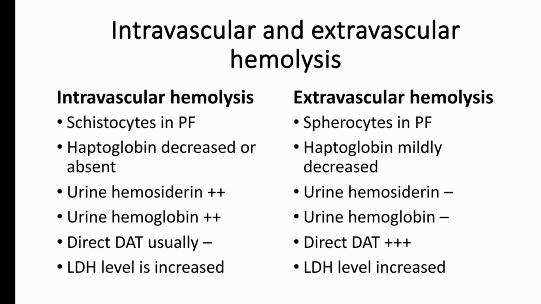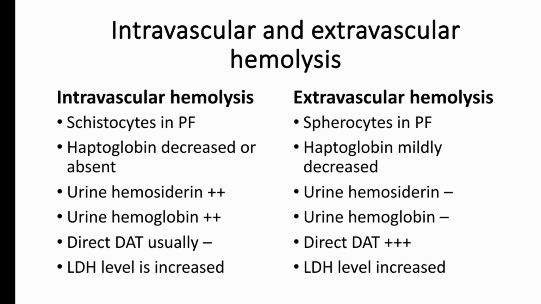Now I will tell you what haptoglobin basically is. Haptoglobin is a plasma protein. It is present in normal amounts in our blood. It has the ability to bind to hemoglobin. When there is hemolysis, there is excessive breakdown of red blood cells, so there will be excessive release of hemoglobin into the circulation.